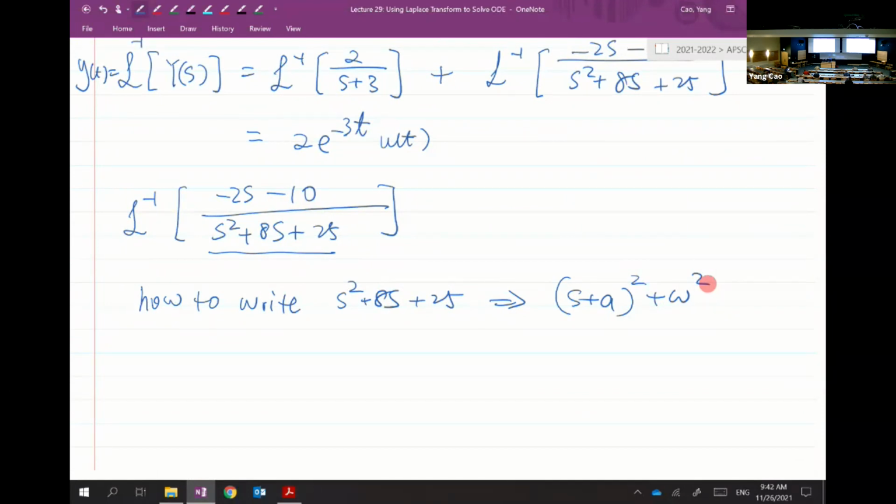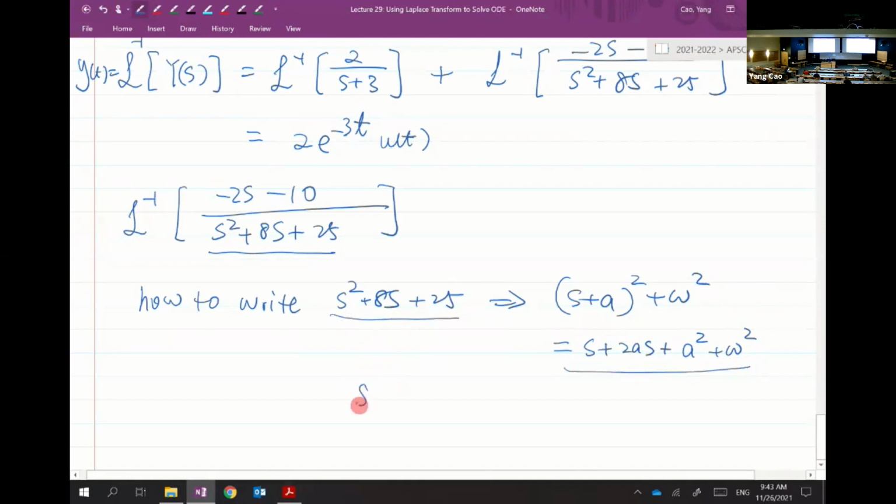So let's do a little bit of reverse engineering. This term here is s squared plus 2as plus a squared plus omega squared. Now, if I need to write that term into this, you can clearly see the 8 should equal 2a, and 25 should equal a squared plus omega squared.